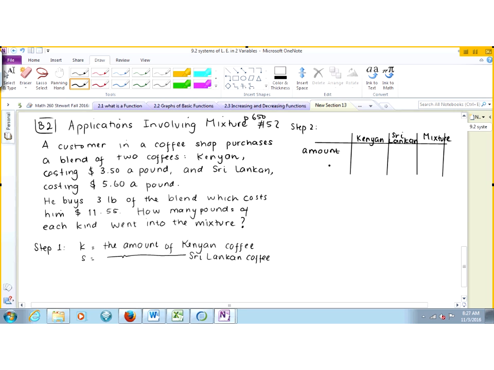What's the next thing that they have here? Price per pound. And then the last one is price, not per pound, but price total.